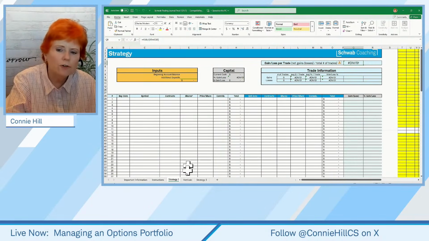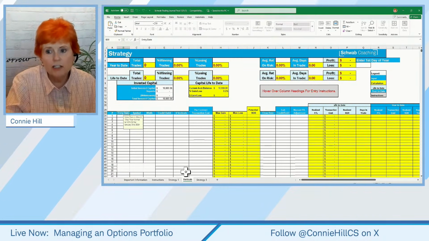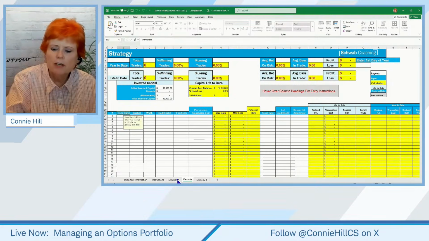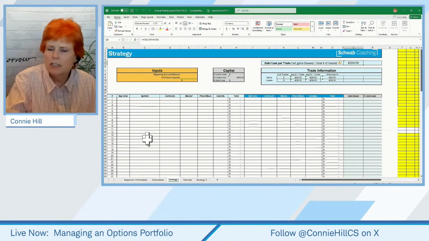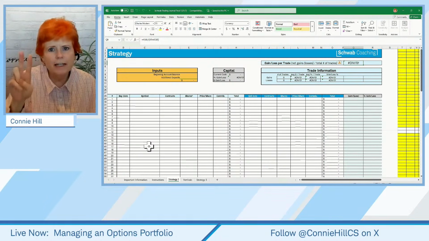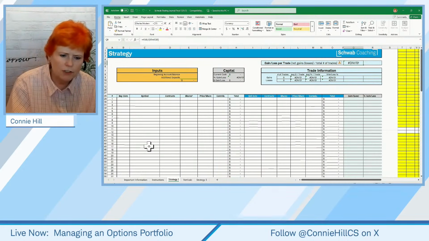I would use the verticals tab when you're doing some spreads. It has calculations in here, a little bit more detailed, that are helpful when you're trading spreads. But for some of your basic strategies, you might find this is just absolutely sufficient. So that's trading tool number 2 that you've got access to. Some of you might not have even known that it was available to you.